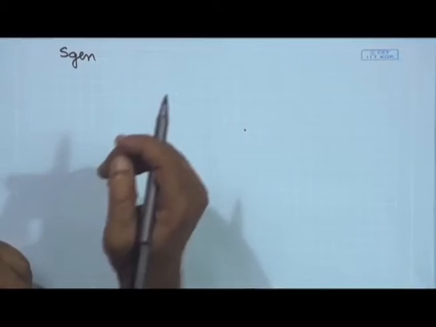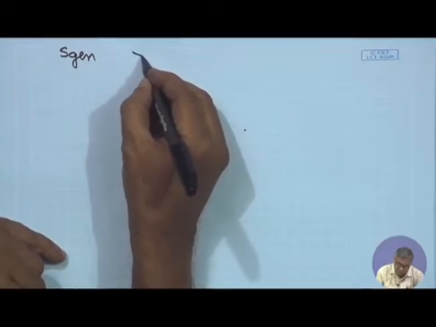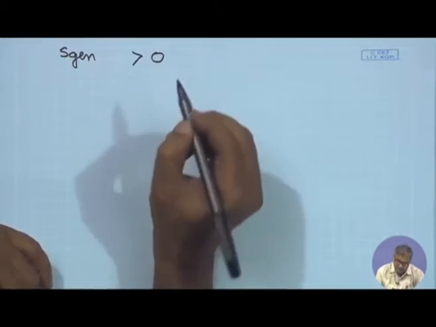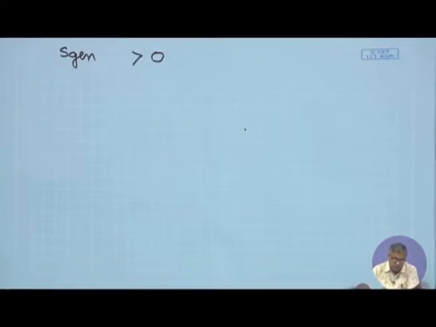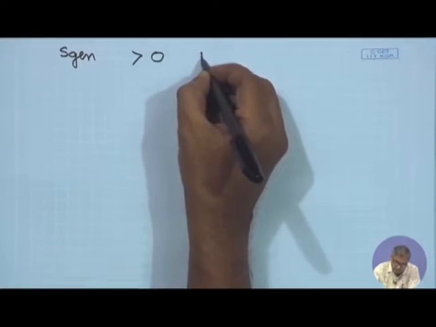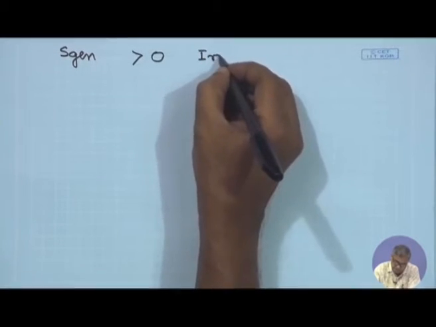Why is it a non-negative quantity? In most cases we will find that S gen is greater than 0, and this denotes the process is irreversible.